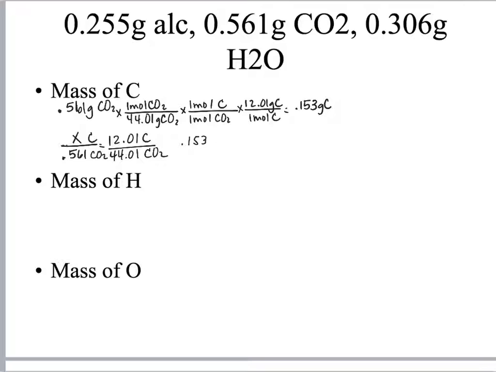Now for the hydrogen, again, I'm going to run through this using factor label, 0.306 grams of water. Convert that into moles. And again, I'm using the reference table for all of this. Now for the hydrogen, it's different. If you think about a mole of water, there's actually 2 moles of hydrogen in it.